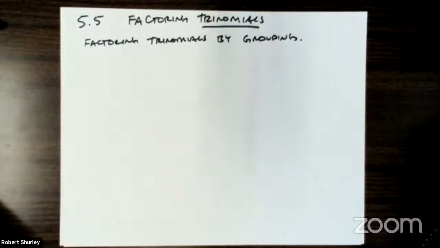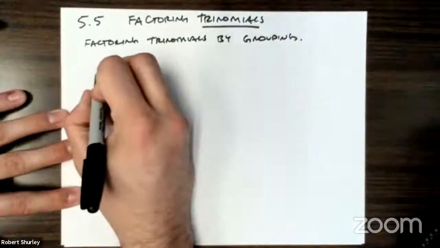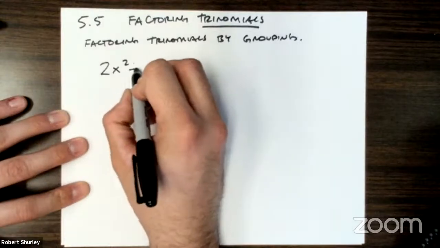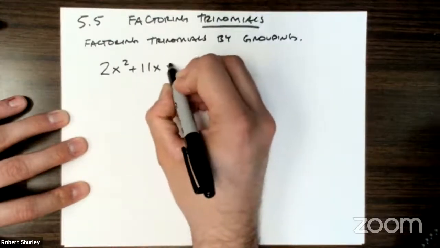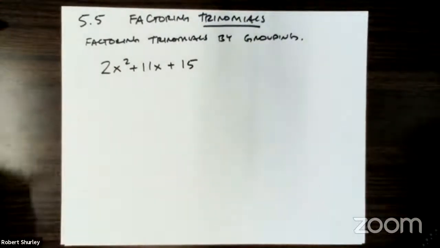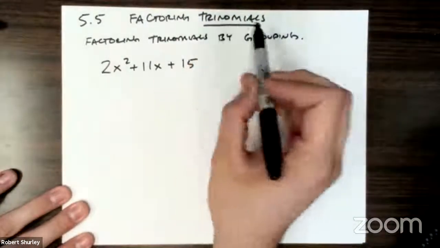So let's look at an example of how we do this. It's just the best way to teach this, really through examples. Let's say we have 2x squared plus 11x plus 15. So this is a trinomial, right?